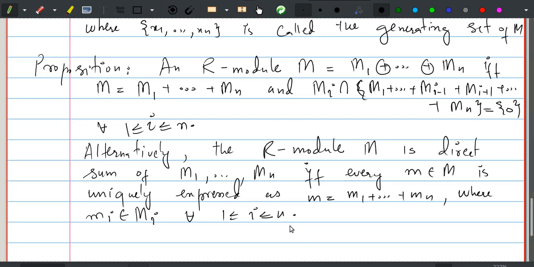So this is the alternative definition of an R module to be the direct sum of these submodules.